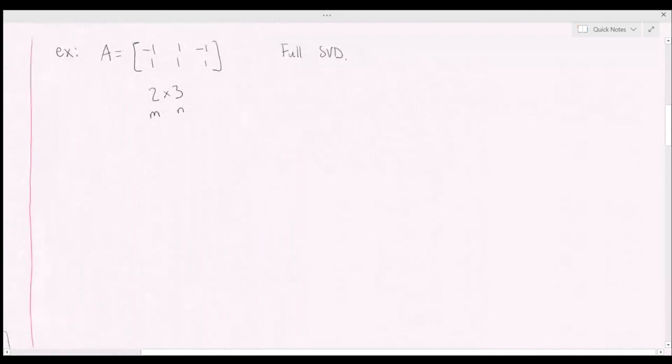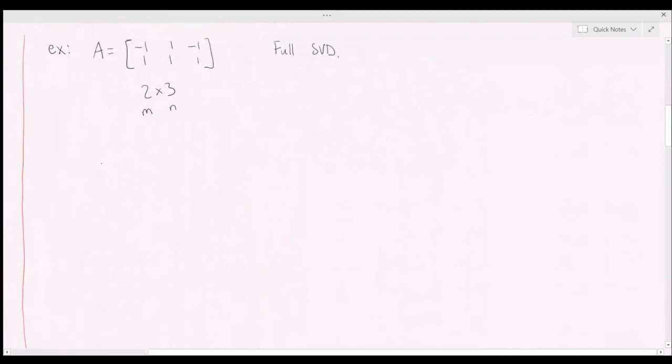All right, so I'm going to start by calculating A A transpose. So it'll be 1 plus 1 plus 1, 3. It'll be negative 1 plus 1 minus 1. Okay, so it looks like that will be A A transpose.